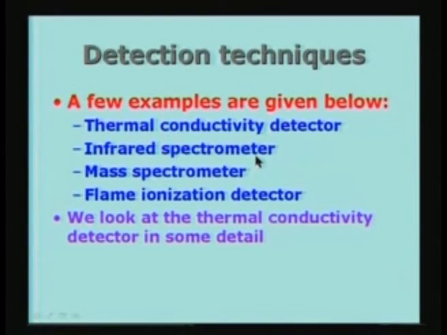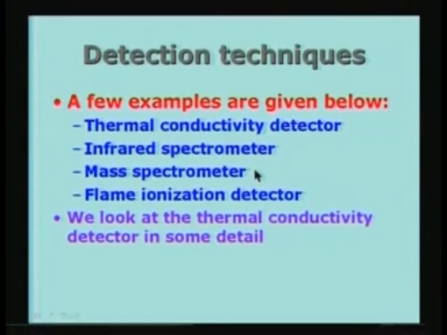You remember Beer's law we talked about just a little while ago. Beer's law says that the absorption is exponential, and the amount of absorption depends on the concentration and the path length. So, exactly the same thing can be applied if you use an infrared spectrometer which can measure the gas concentration. Then we can use a mass spectrometer.